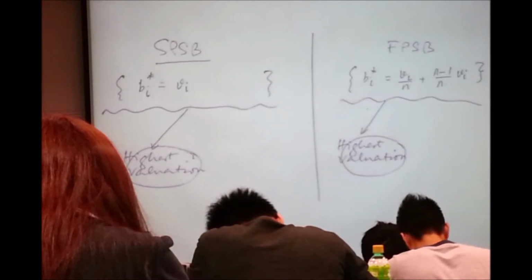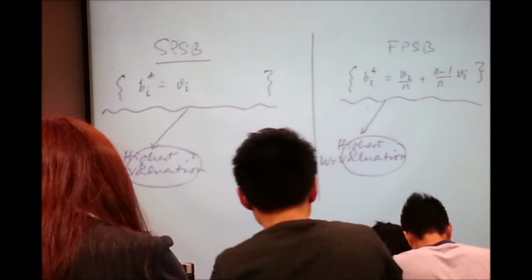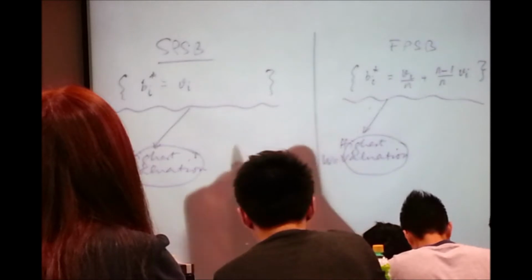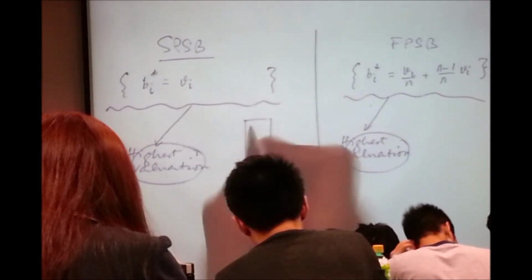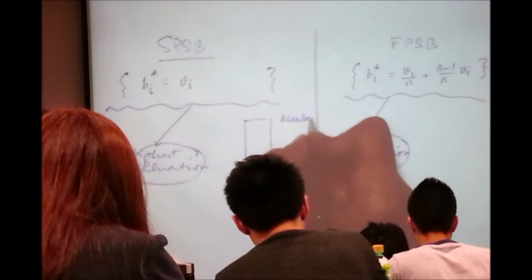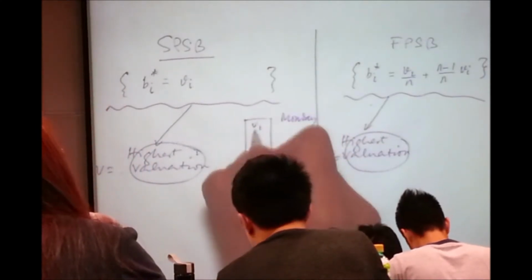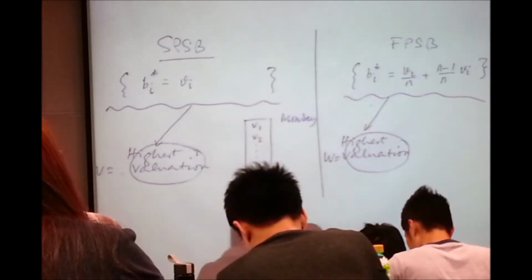Okay, so we have figured out who the winner is, and this is regardless of the auction. Say this is my Monday class. In my Monday class, B1, B2, B3 are the guys in my class, and these are their valuations.